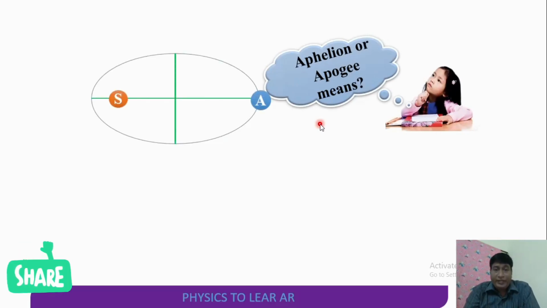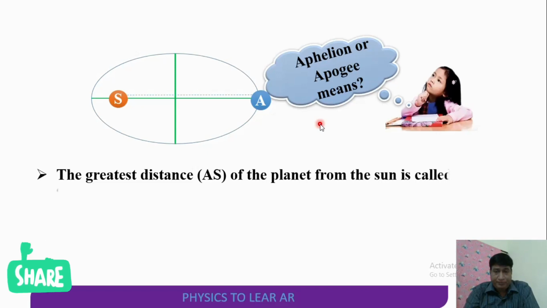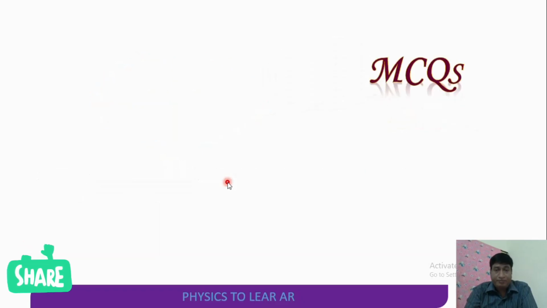Aphelion means, from the figure, that the greatest distance AS of the planet from the sun is called aphelion.